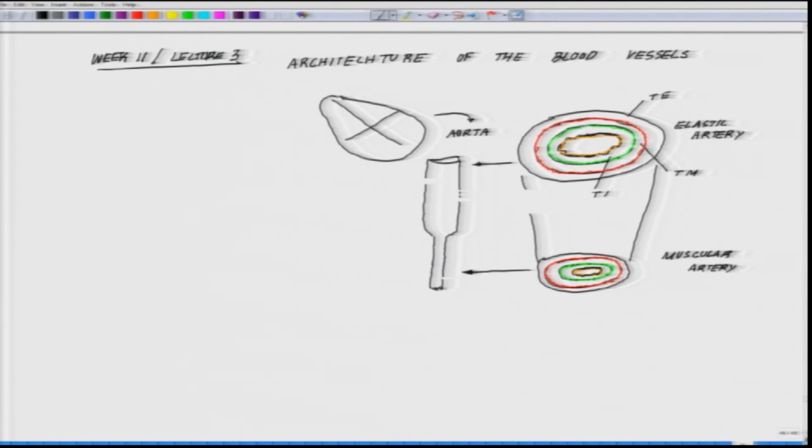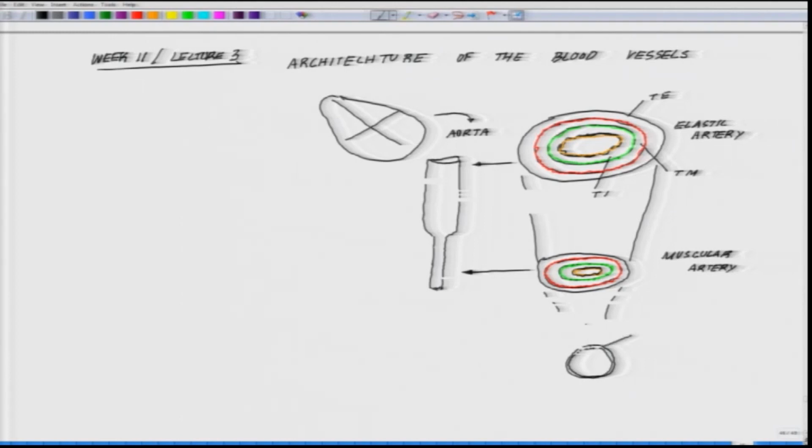Now, this becomes even further narrowing down. What you are going to see now is called arterioles. That's it.